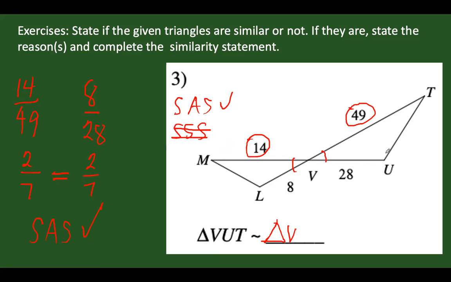And the opposite side of U is the longer side, and its opposite angle is angle L. So VL, and there's no other vertex because there are only 3 vertices in a given triangle. So that's VLM. So the similarity statement is triangle VUT is similar to triangle VLM. All right, so that's how we do it.